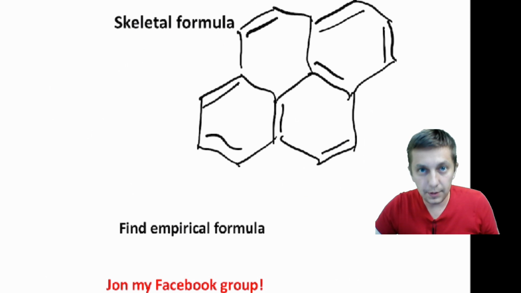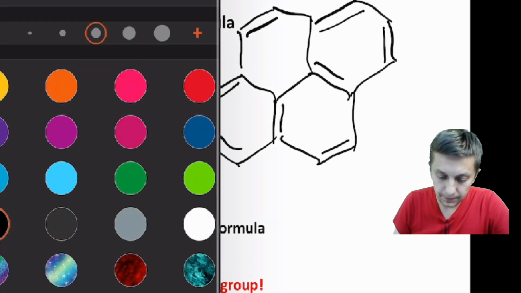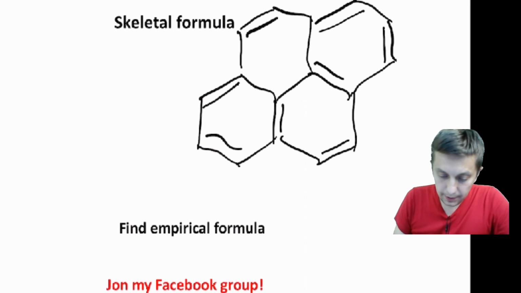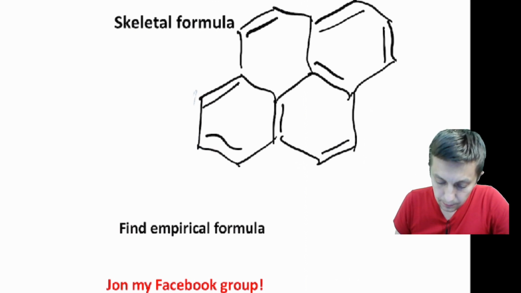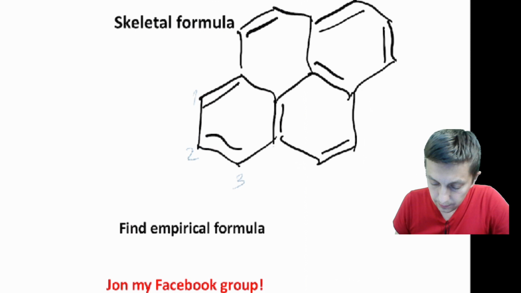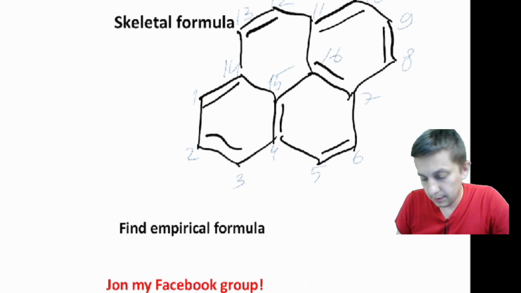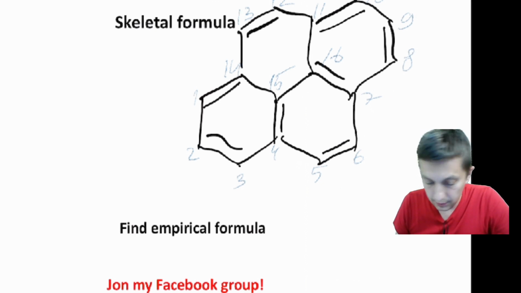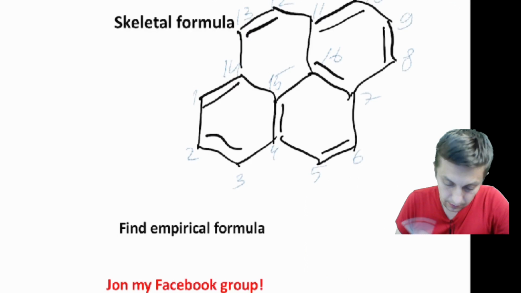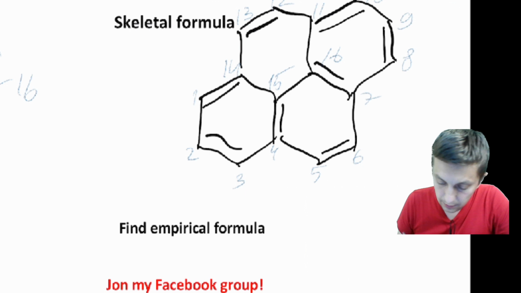And a couple more questions. So, carbons: 1, 2, 3, 4, 5, 6, 7, 8, 9, 10, 11, 12, 30, 40, 50, 60. It's relatively easy. It's C60.